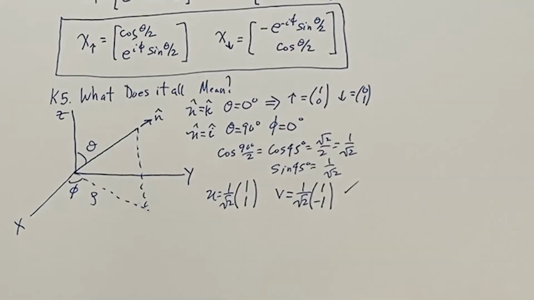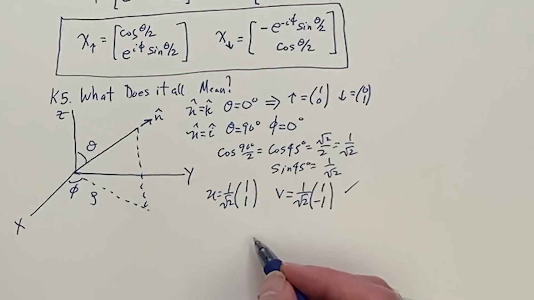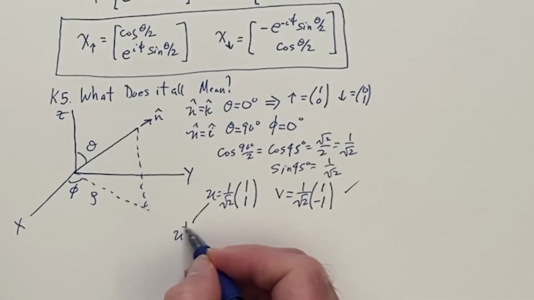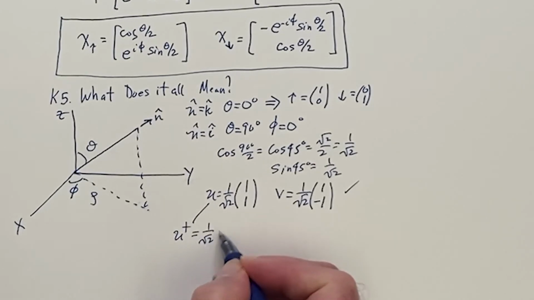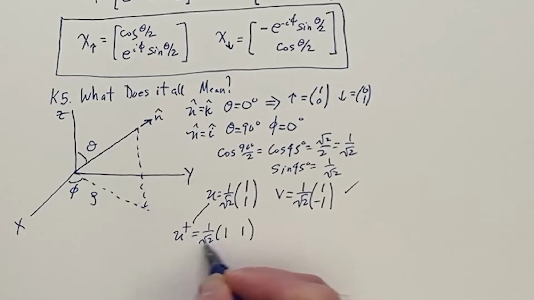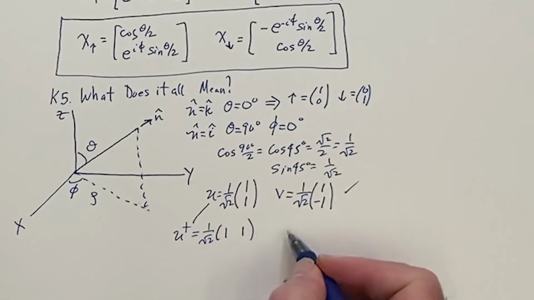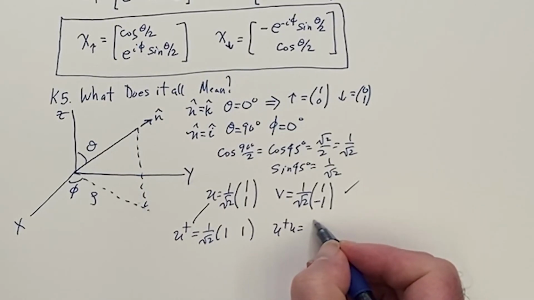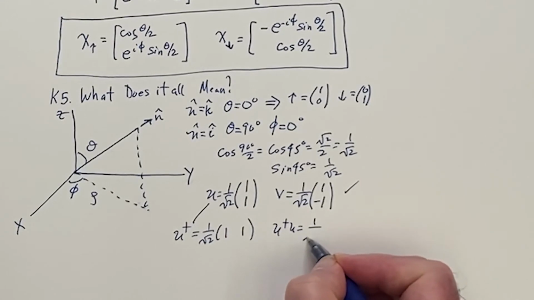That's good. Now, another thing to look at is what they call orthogonality. If you take, for example, the U dagger, what you do is you just swap these and make a row instead of a column. And then if you did U dagger U, you would have here 1 over the square root of 2 would be squared.